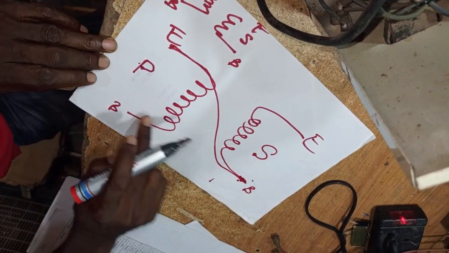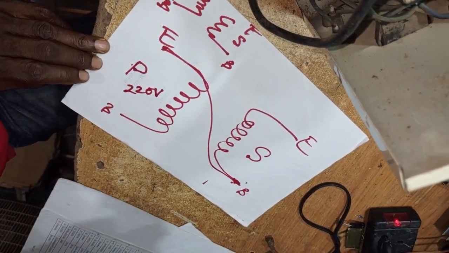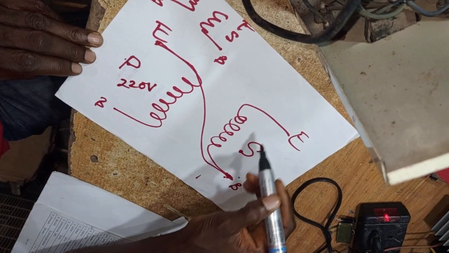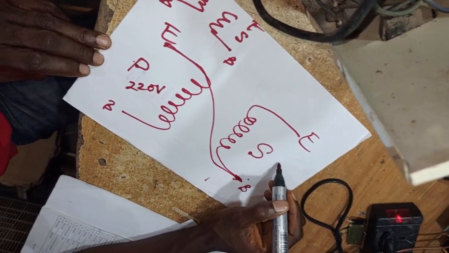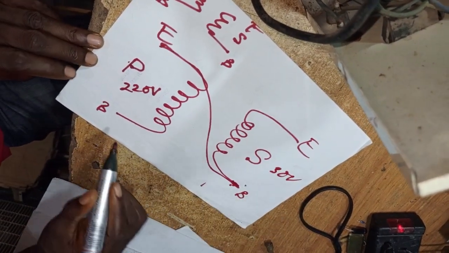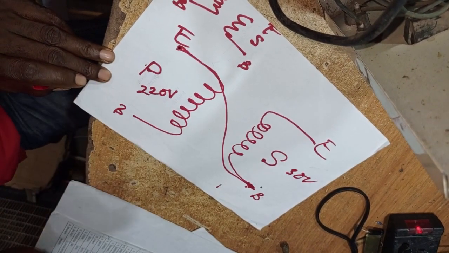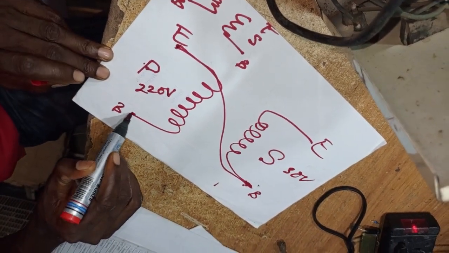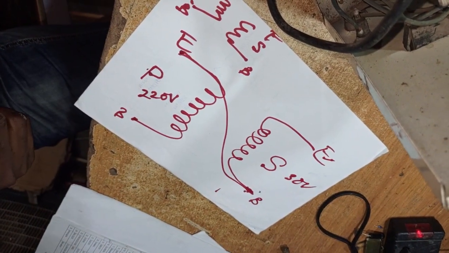So let's say from here to here is 220 volts, and let's say from here to here is 30 volts, meaning this is your primary, but if you want to measure the secondary, you measure it from here to here. That's how an auto transformer is.